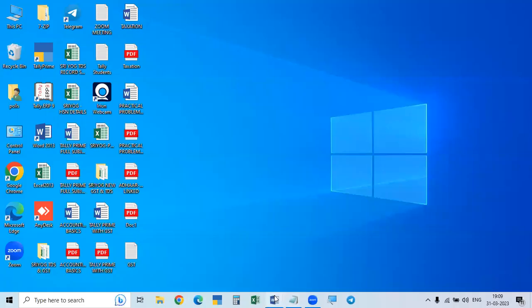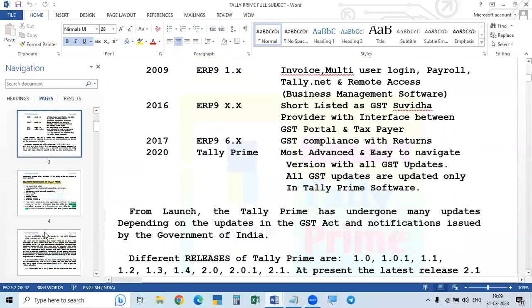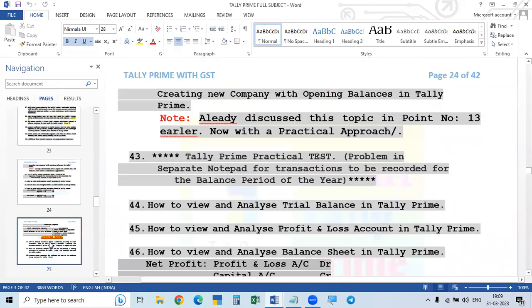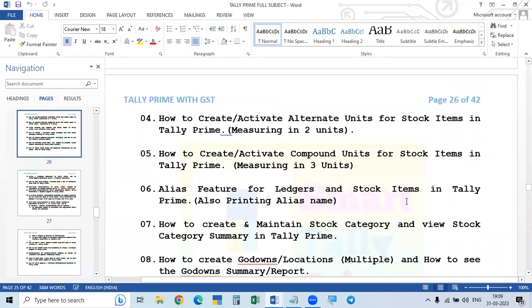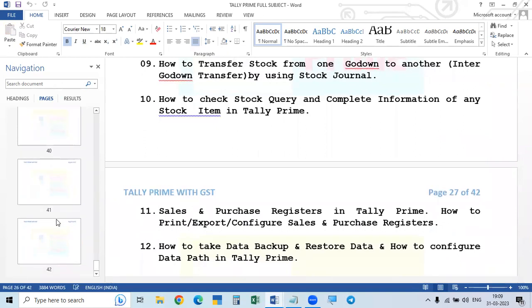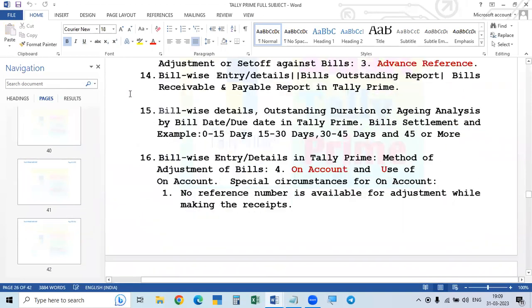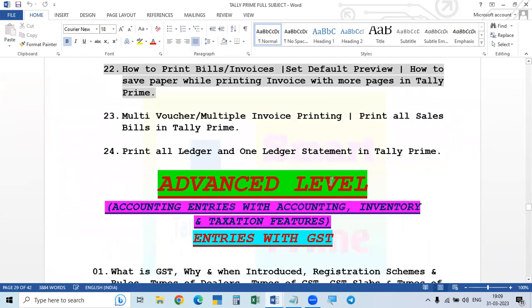Our topic of discussion is the advanced level, and in this advanced level we are going to work with GST also.